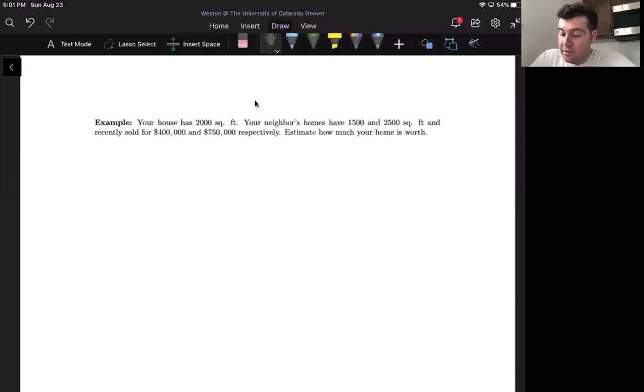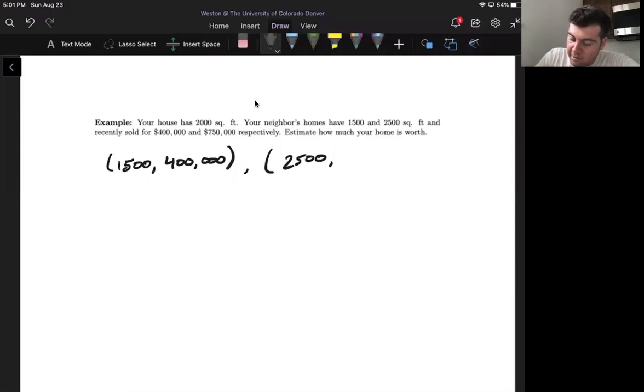One neighbor's home was 1,500 square feet, and they sold it for $400,000. Another neighbor's home was 2,500 square feet and sold for $750,000. And you recognize that the square footage of your house is exactly in the middle of 1,500 and 2,500.